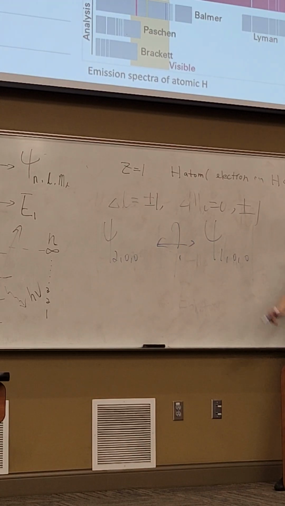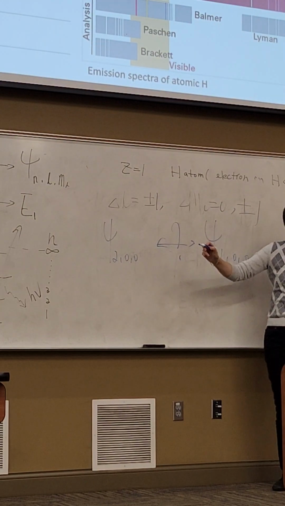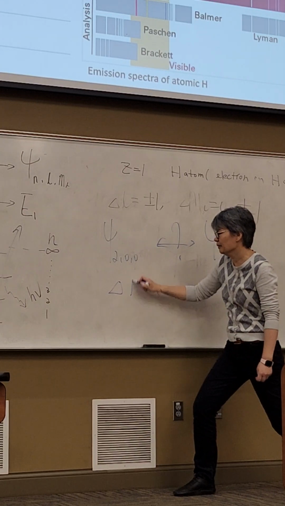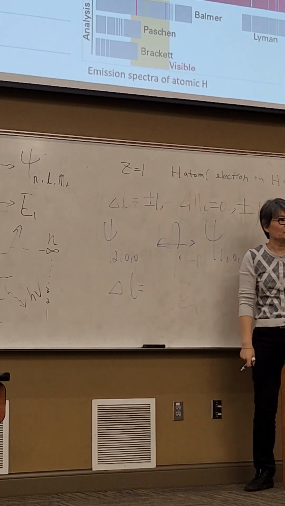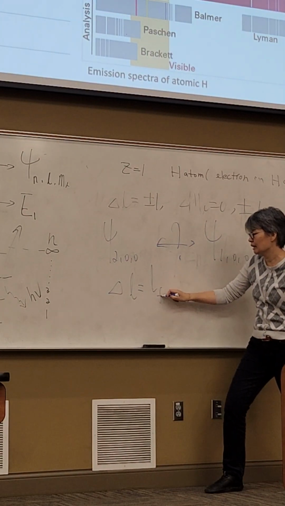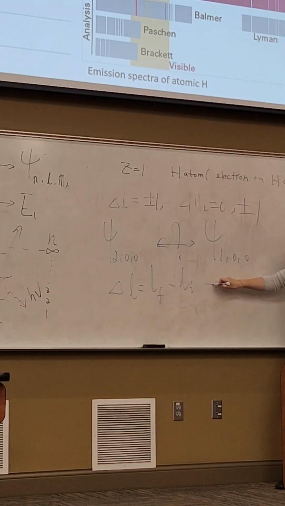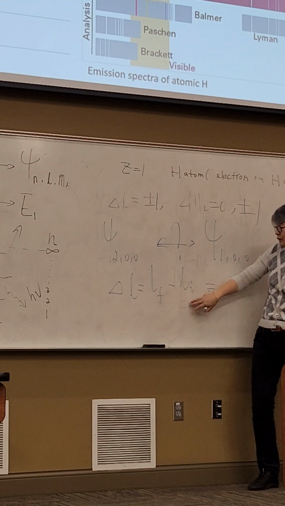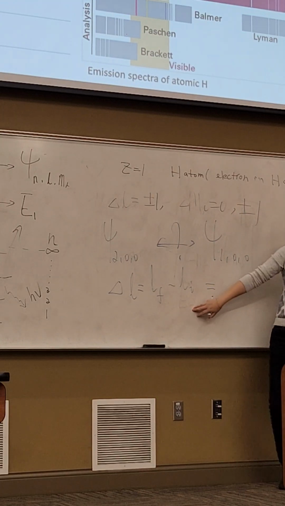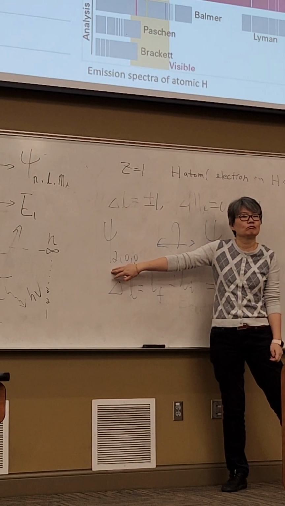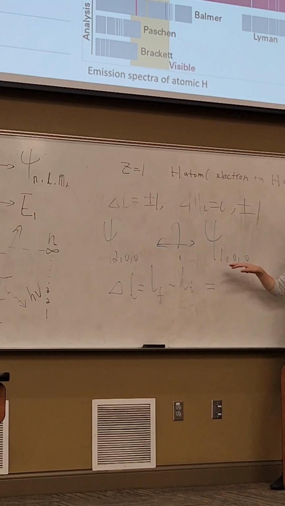Now we need to check the transition rules, which means the delta l, between your final state and the initial state. Now, what is the l for the initial state, guys? The transition is from 2, 0, 0 to 1, 0, 0.